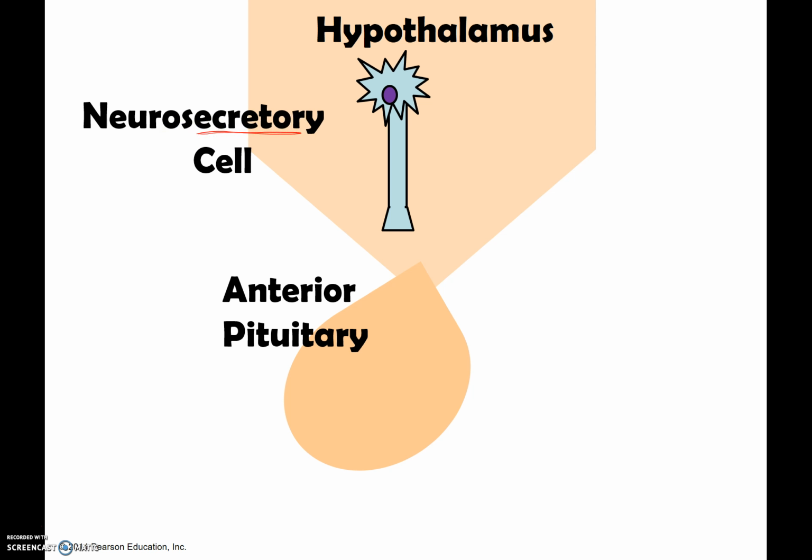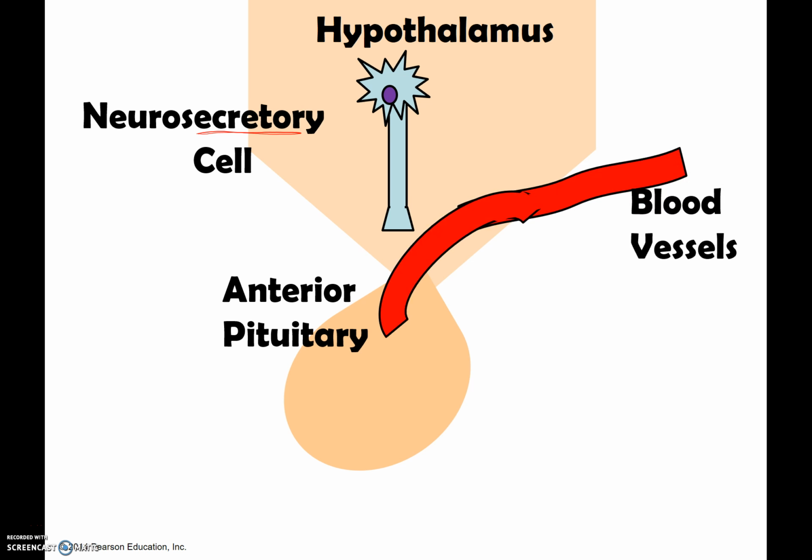This specialized neuron makes, well, there are some blood vessels because hormones travel in the blood. This neurosecretory cell secretes specialized hormones called neurohormones. They're called neurohormones because they're technically made in the brain and not in an endocrine gland.